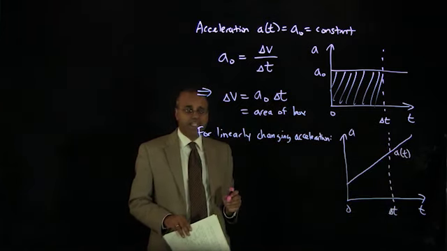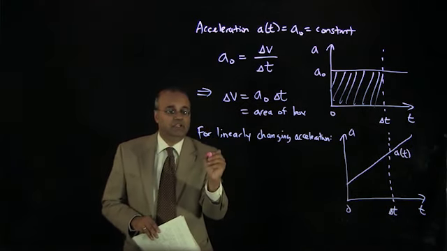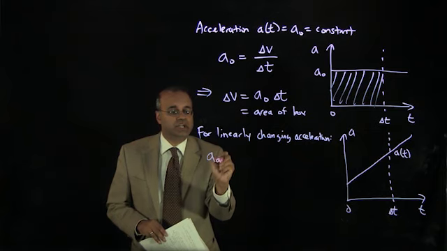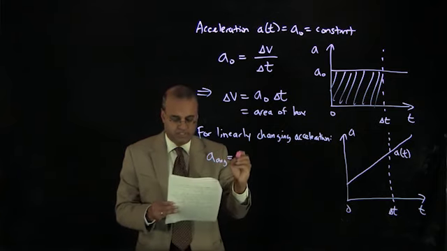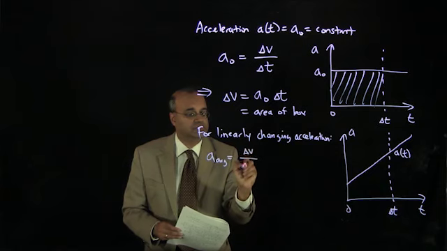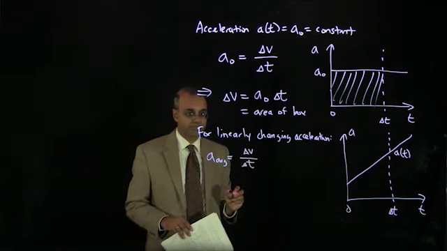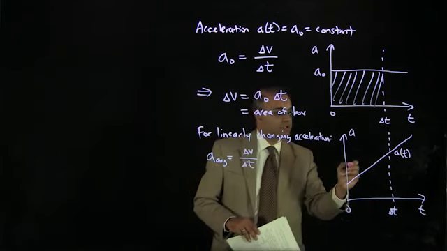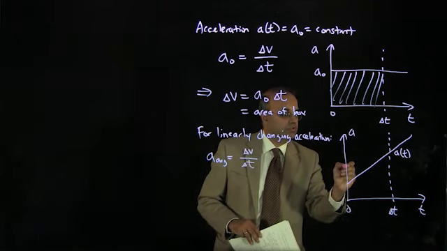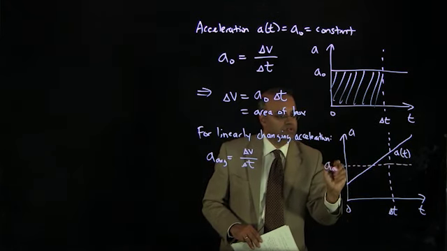Note that we can define an average acceleration over the interval from 0 to delta t. The average acceleration is the change in velocity over the elapsed time. That average acceleration will look something like that.